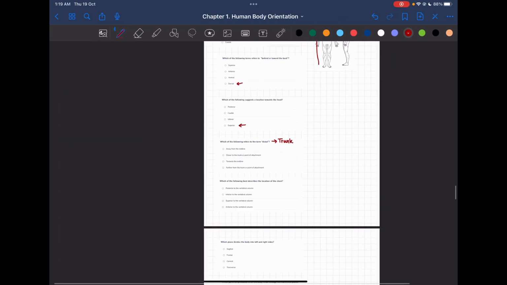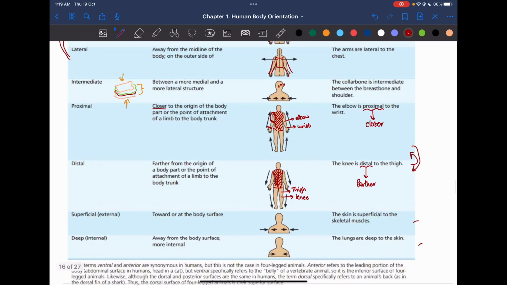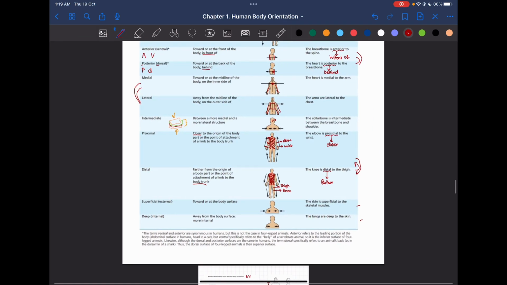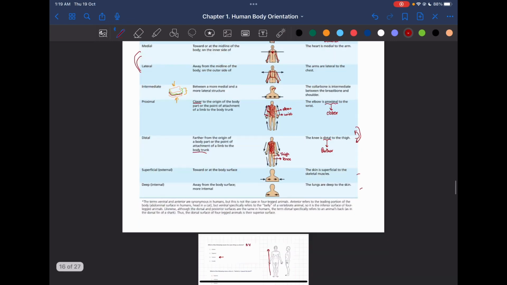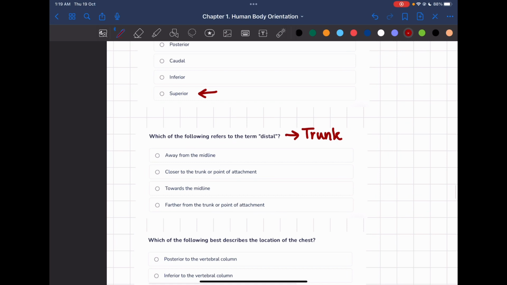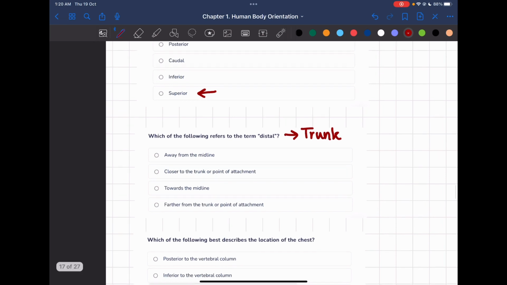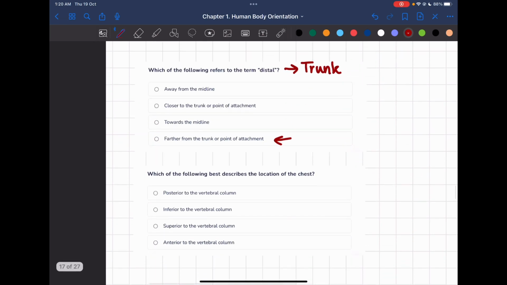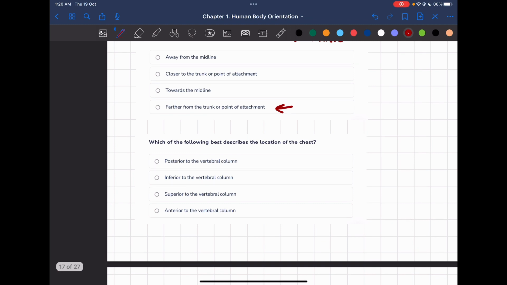The main thing is the trunk. In distal, they are mentioning the body trunk. It's not lateral, because lateral is about the midline. So which of the following refers to the term distal? Farther from the body trunk. No, from the trunk or point of attachment. So that's the answer.